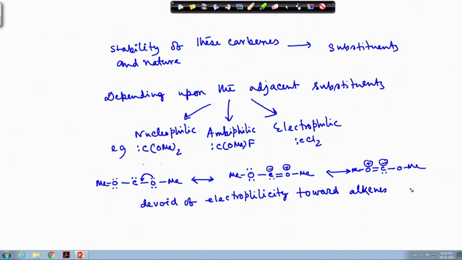So, there are these three types of carbenes, nucleophilic, ambiphilic and electrophilic, and in general these dimethoxy carbenes are devoid of electrophilicity toward alkenes due to the donation of electrons by the methoxy group. Clear?